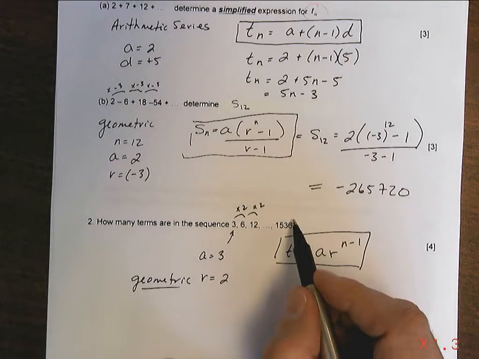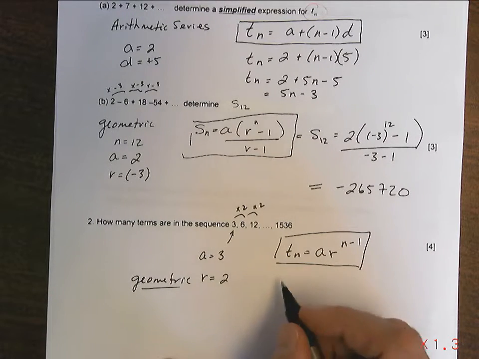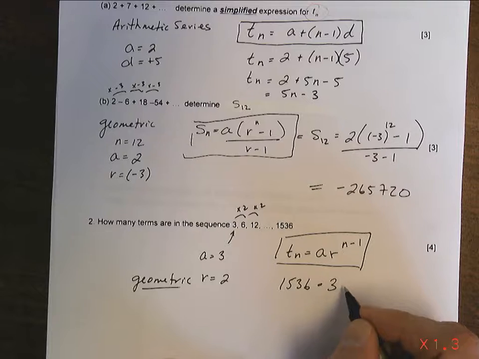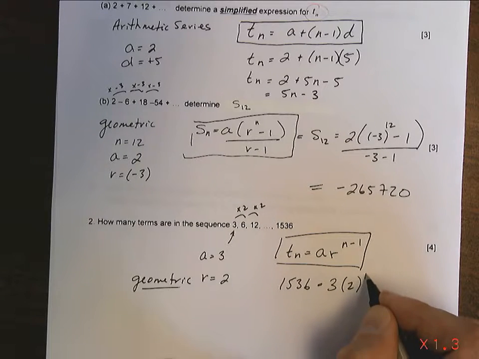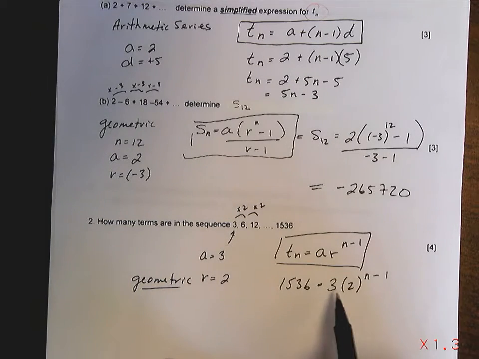Now, what we're really asking is what term this is. So the question becomes 1536 equals 3 times 2 to the n minus 1. And our question is, what is that n term? So this is an exponential equation.